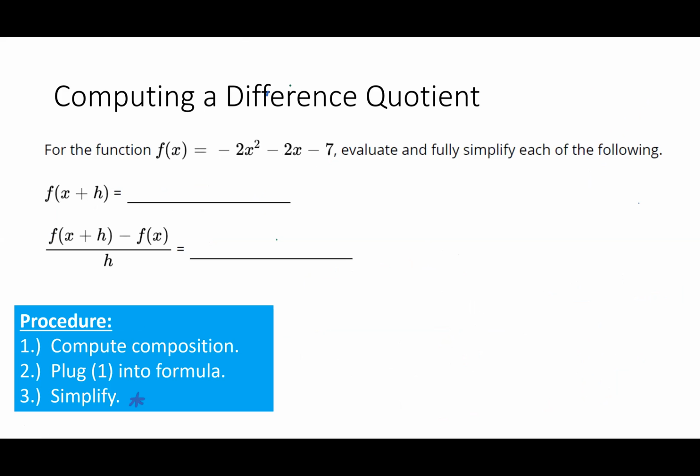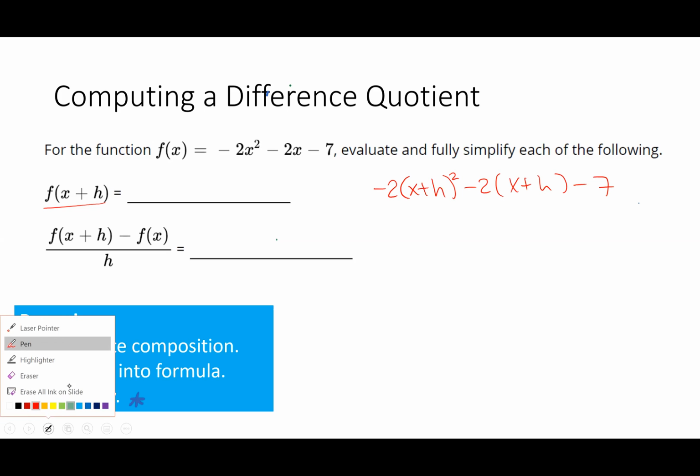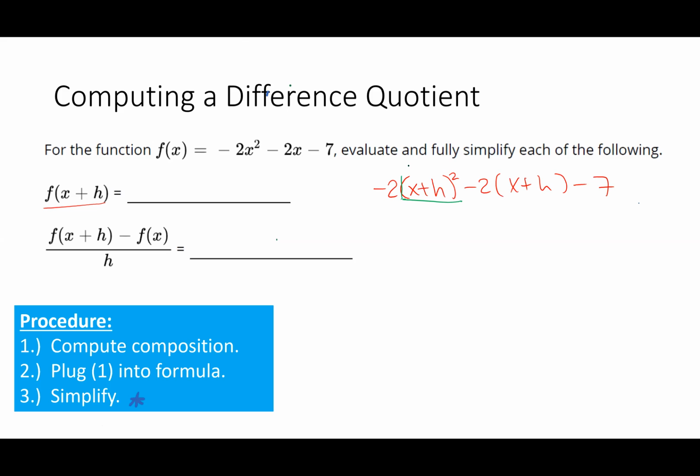Okay, so first, you're going to notice that I'm asking you just to do the composition first. That's cool. So first, I'm going to start with everywhere I see an x in this function, I'm going to put an x plus h in its place. Now, as a note, I'm going to address this part here first.